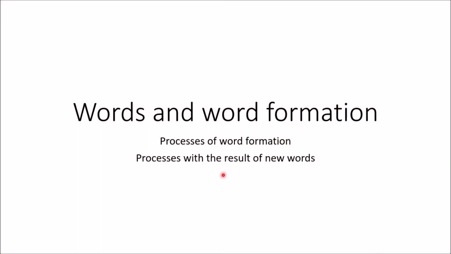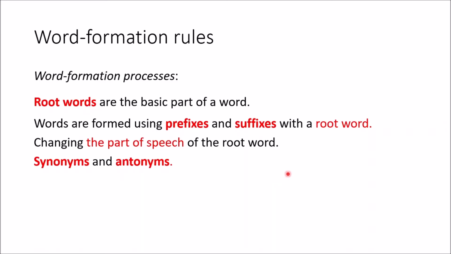Today we are talking about words and word formation, so talking about processes of word formation, processes with the result of new words. Word formation processes begin with the root words, which are considered the basic part of the word, and then we have words that are formed using prefixes and suffixes combined with the root word.